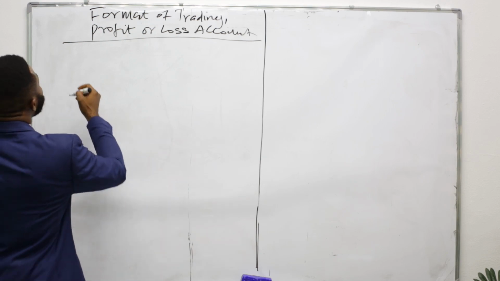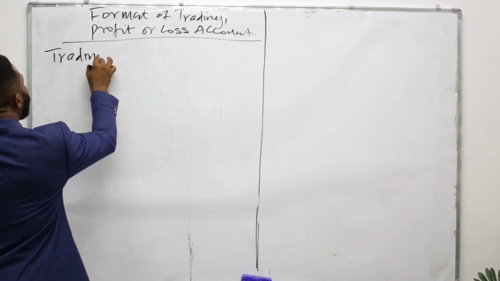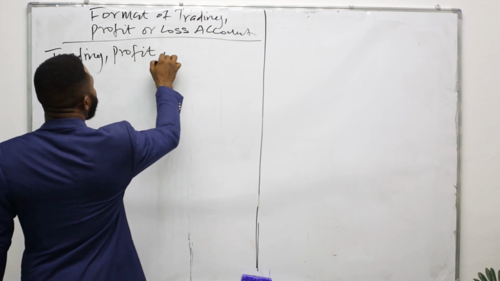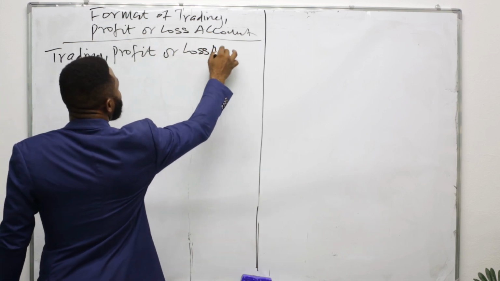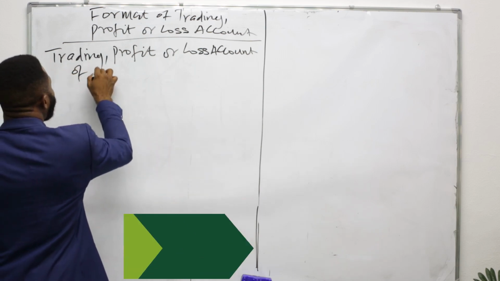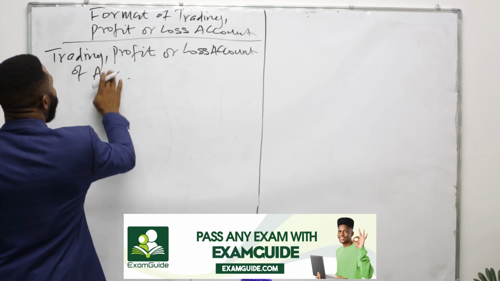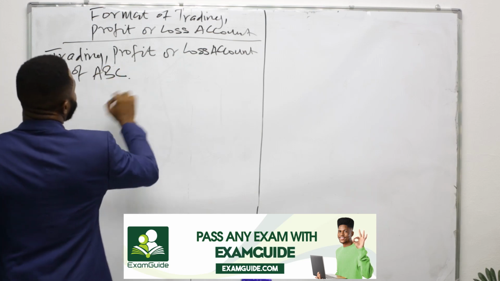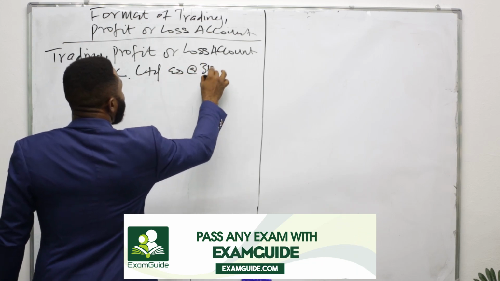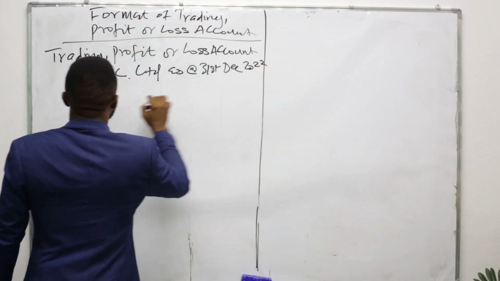So we are going to say trading profit or loss account of ABC Limited as at 31st December 2022.